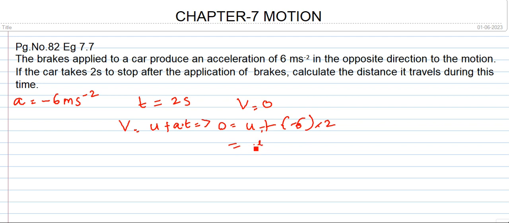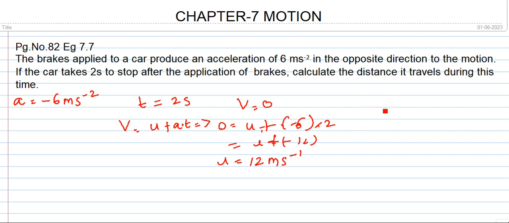So u plus of minus 12, so u is equal to 12 meter per second. This is your initial velocity, which means the car going at a velocity of 12 meter per second is stopped.